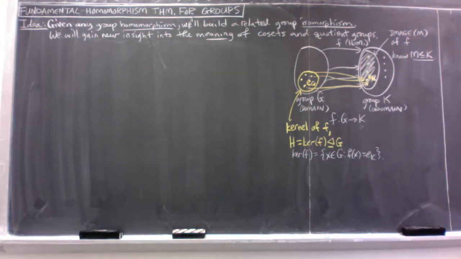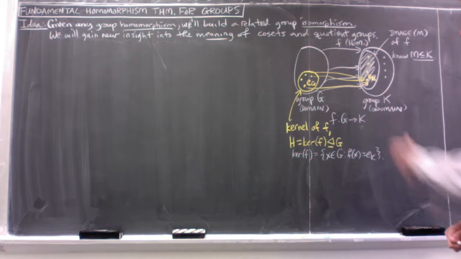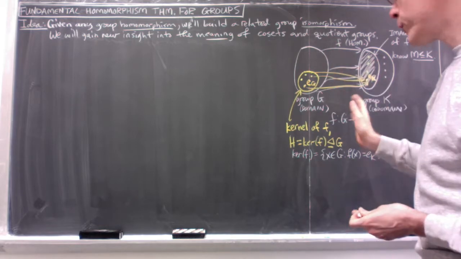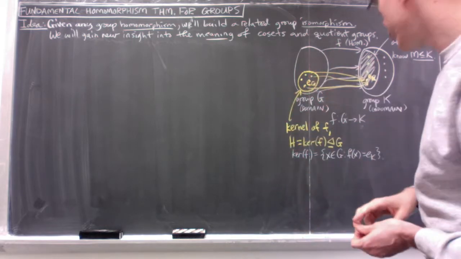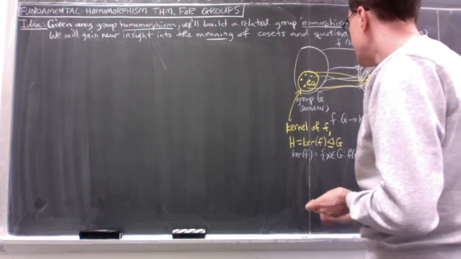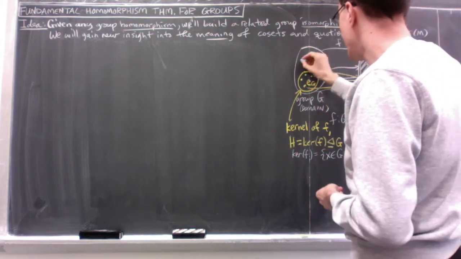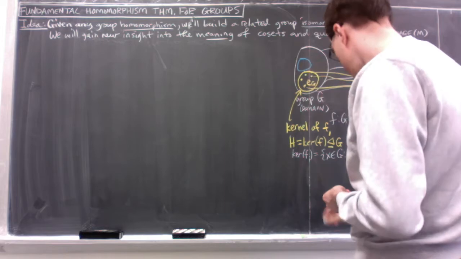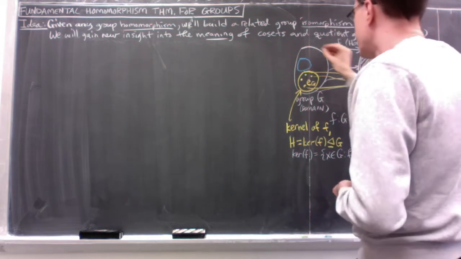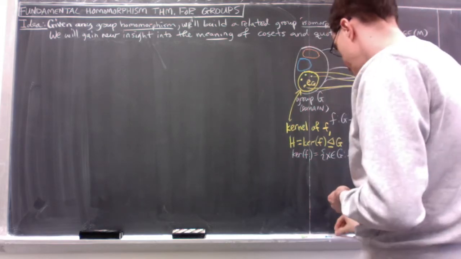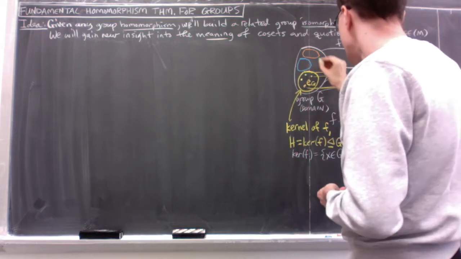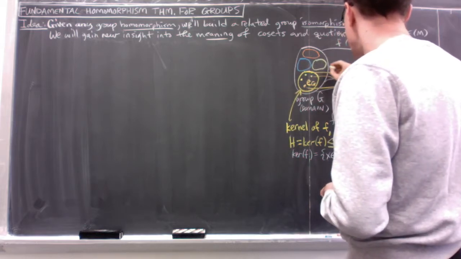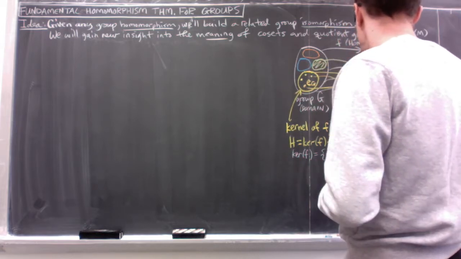All right, and the trouble is, the way I drew it, that's not one-to-one if there's more stuff in the kernel. We also proved F is one-to-one if and only if the kernel consists of just E. But what tends to happen is that there's more stuff in there, and then you get all sorts of these other clumps of elements that all map to the same thing under this F. So maybe the stuff in this clump all goes here.